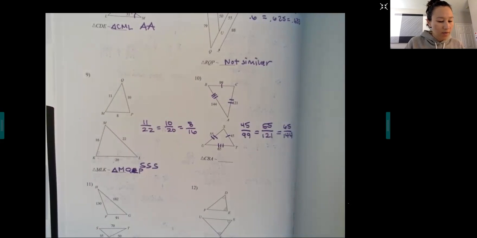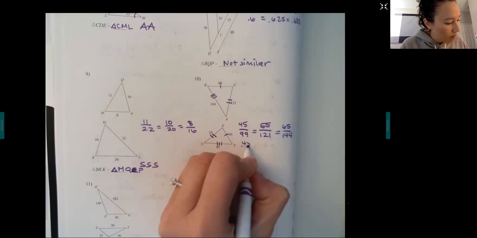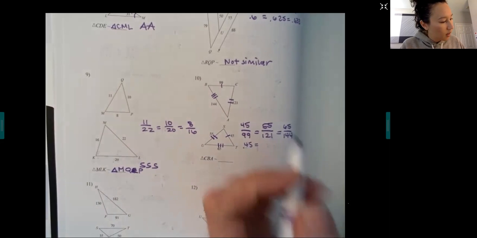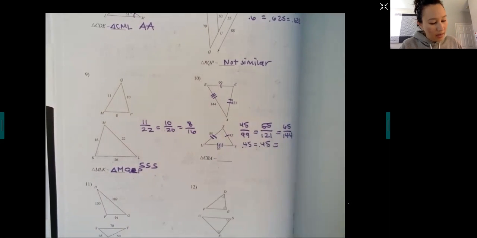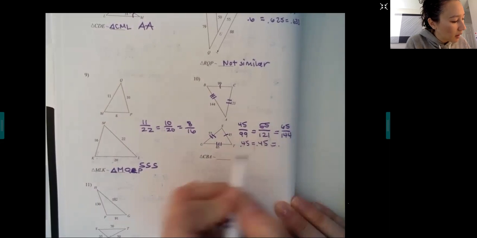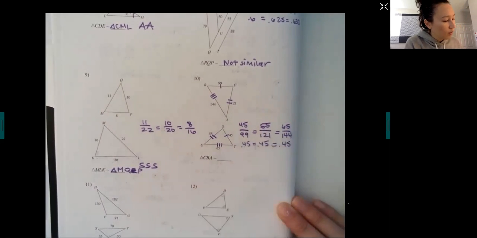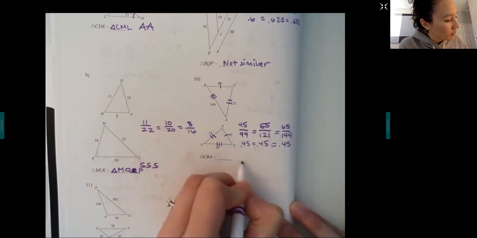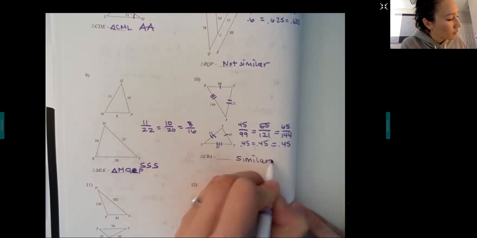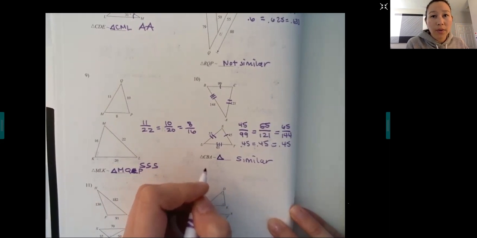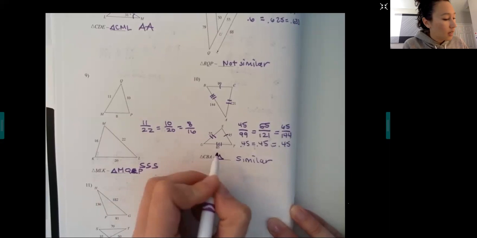So 45 over 99 would be 0.45. 55 divided by 121 is 0.45. And 65 divided by 144 is 0.45. So we'll say, yes, these are similar. So triangle CBA is similar to triangle UST.